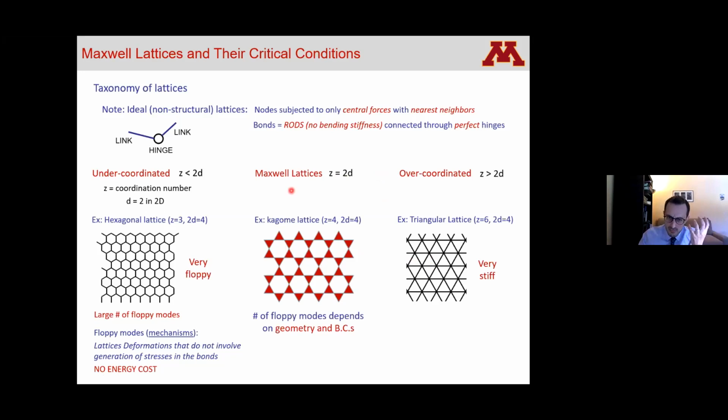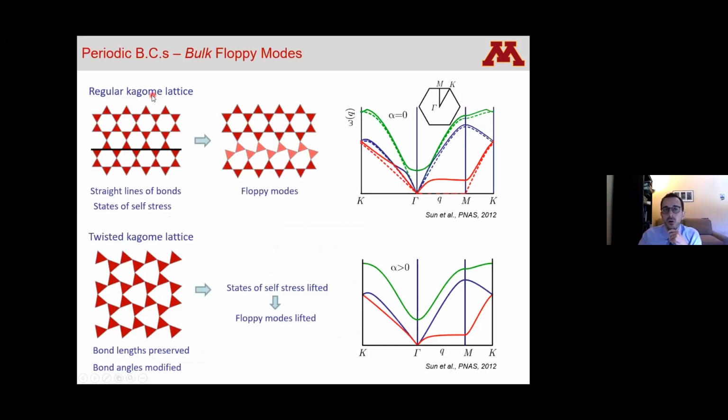Now, for a Maxwell lattice, this business of floppy modes is more complicated. So the existence of floppy modes and the number of floppy modes depend on the specific geometry of the lattice, as well as on the boundary conditions of the problem. For example, I can consider the problem of periodic boundary conditions.